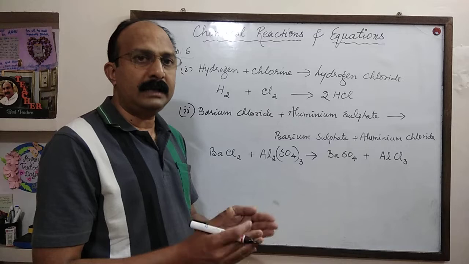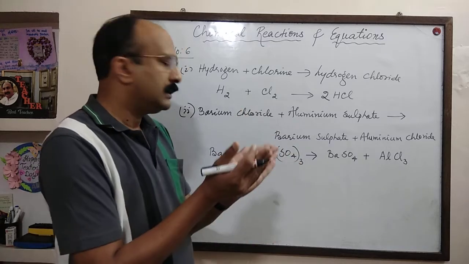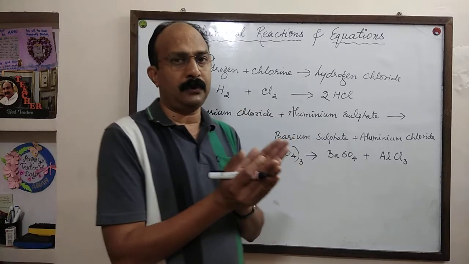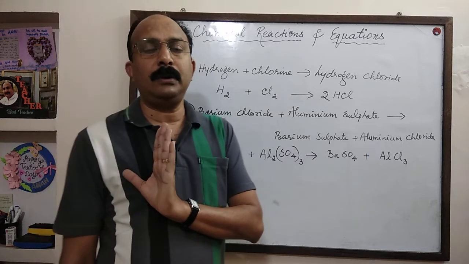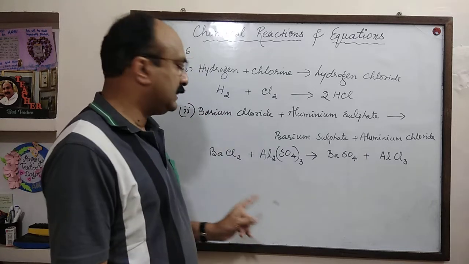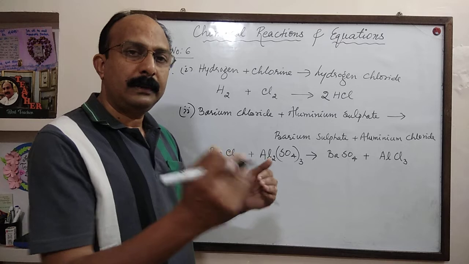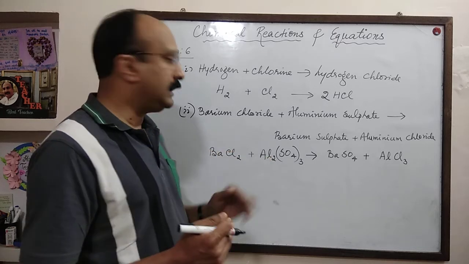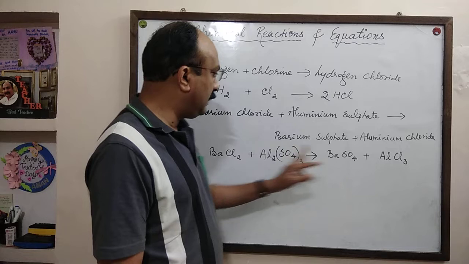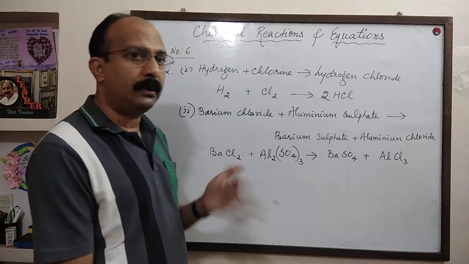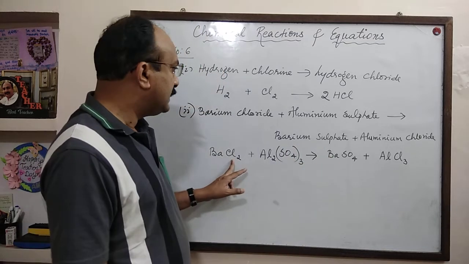Either we can consider S and O separately, or we can also consider SO4. Now, everything is unequal on both sides. So let us try to make it equal by taking one by one. Let us take Ba first. Ba is equal, but all other atoms are different.